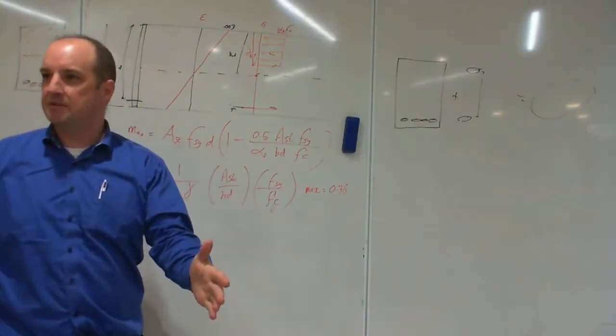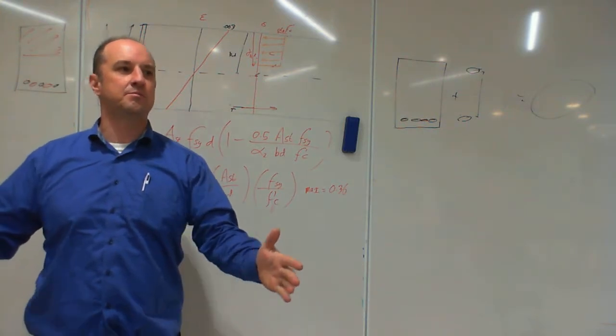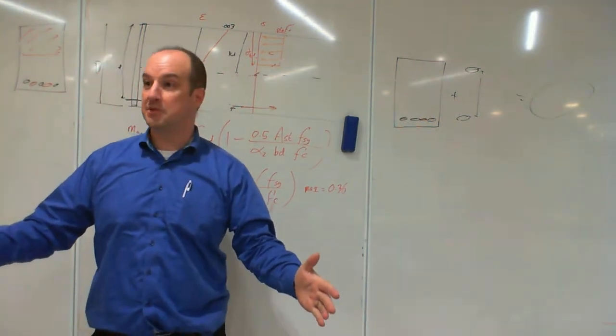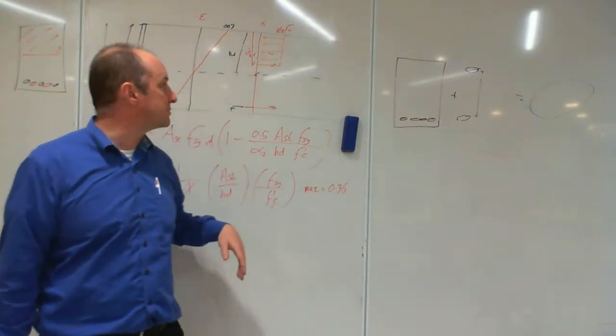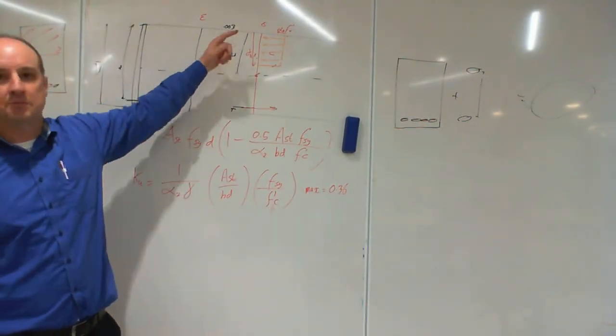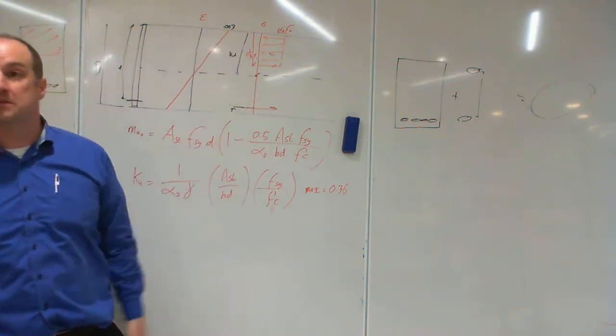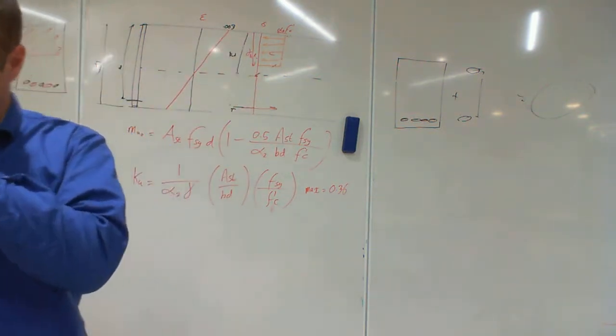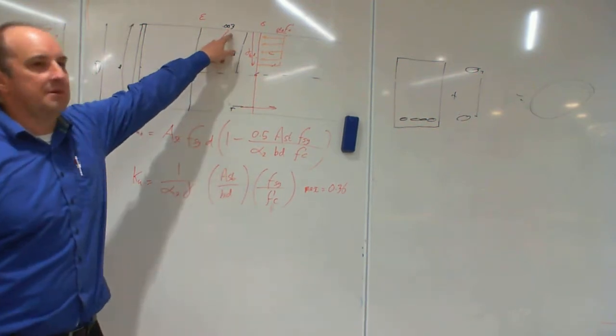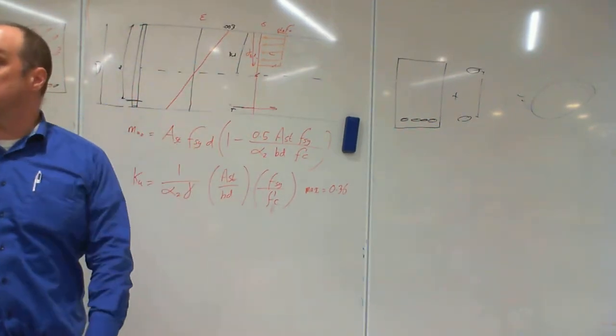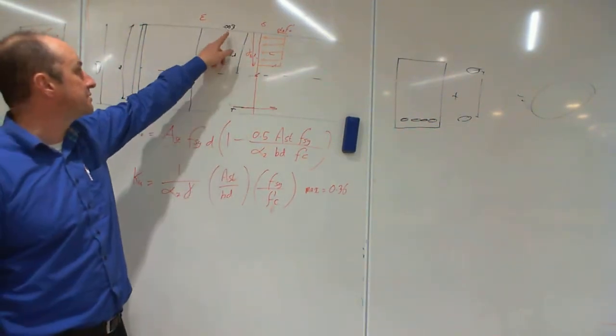Every meter, it shrinks another 0.003 meters. So if you take a meter long piece of concrete, you push it to its maximum point, it's going to shrink 3 millimeters. Okay? That number is fairly independent of the concrete strength. Okay, so there's a nice fixed point for us.